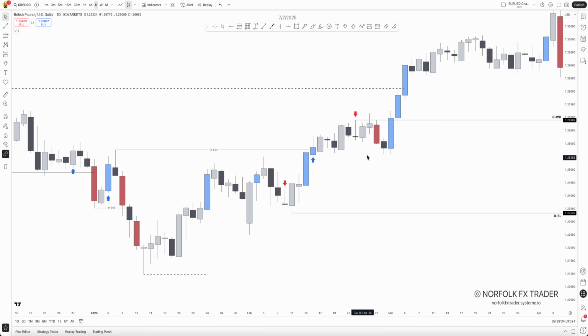We had a break of structure. What happens here is the market just sweeps above this high. And then we go lower to sweep these lows here. That's all about understanding liquidity. And again, this is something that I teach inside that 90-day.